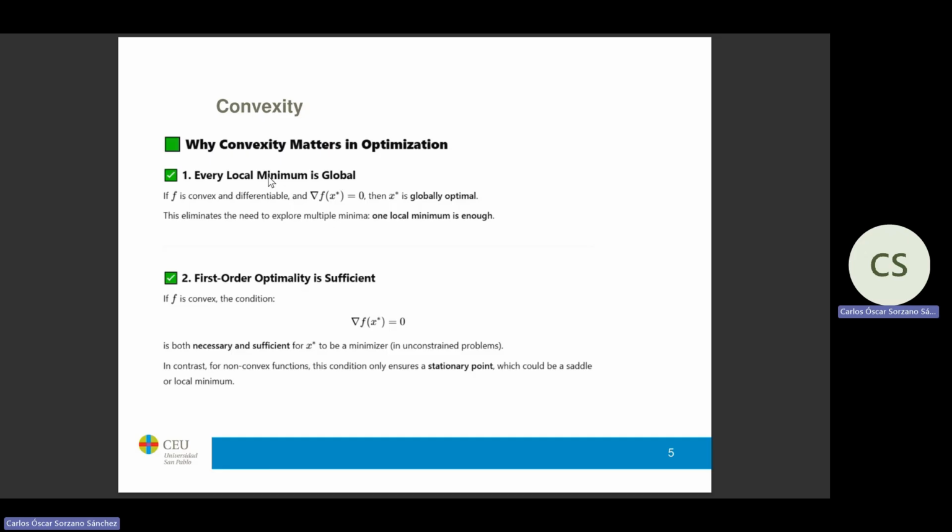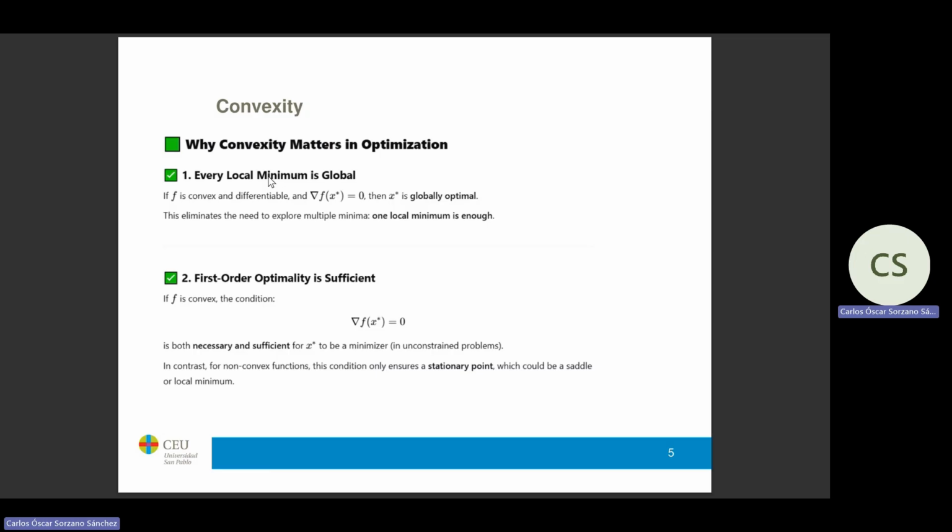So if f is convex and differentiable, and you find a point for which the gradient is zero, then that point is the global optimum, because it is a local optimum, or it is a saddle point at least. It could be saddle or optimum, but then it is optimum. So for convex functions, they cannot be saddle points. So once you find one, you stop looking for other ones, because you know that is the global one.